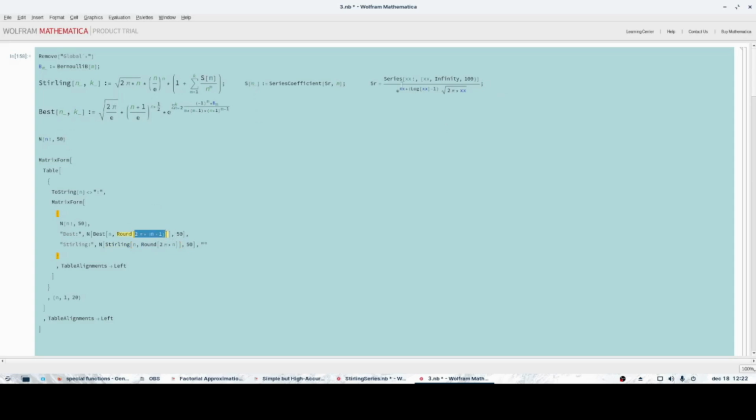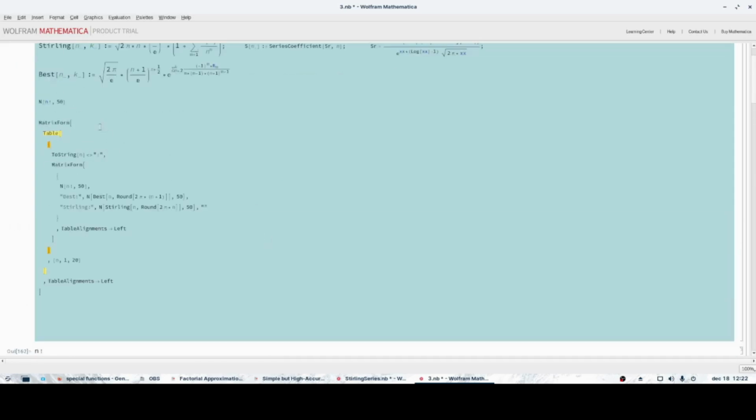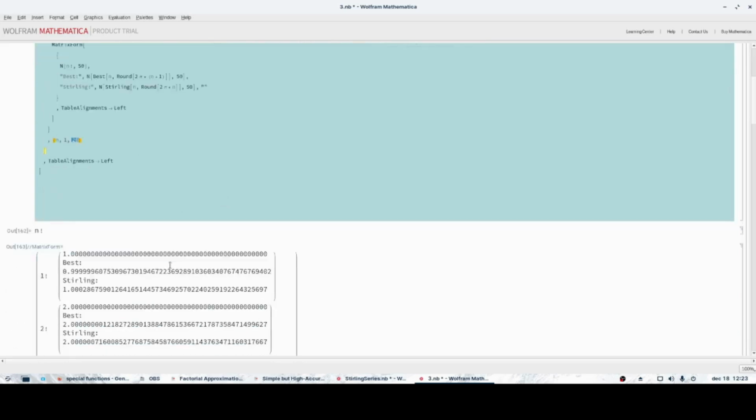I computed these series coefficients until 100 terms, and we can compare here the results for n factorial from 1 to maybe 20.